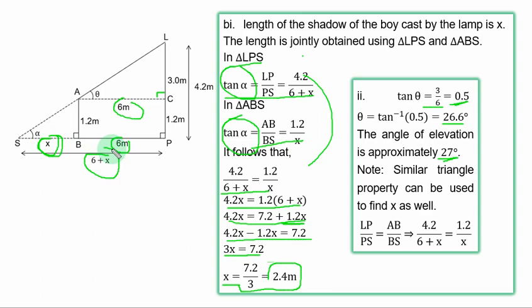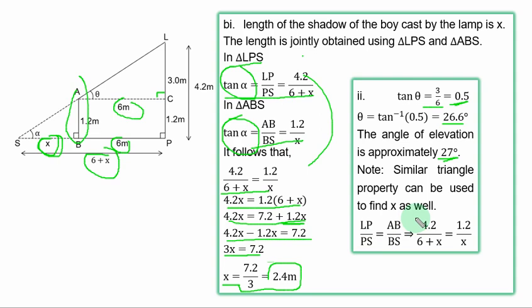So we look at triangle LPS and triangle ABS. LP over PS, that is this length over this length, is equal to AB over BS.